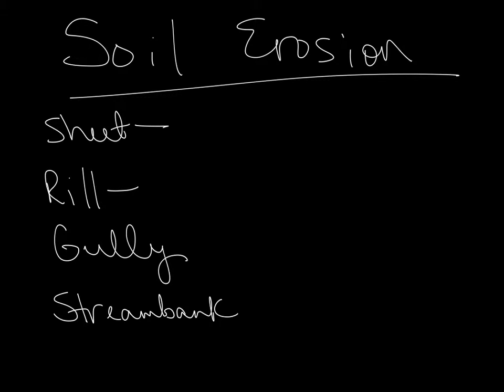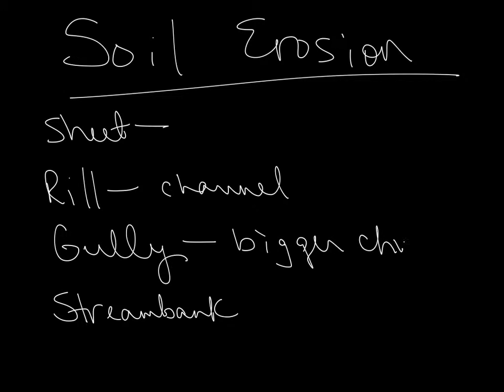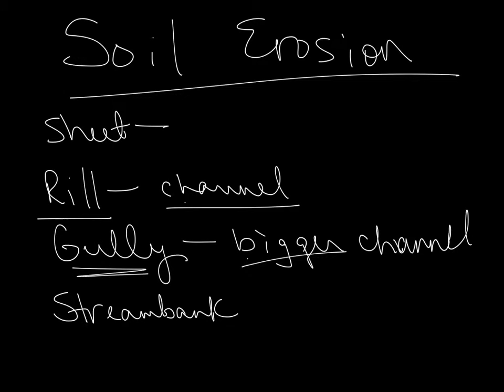Rill is where you make a small channel, and when the small channel gets bigger, then we call it a gully. I know you have seen these before, but these would be your channels, channel erosion. Rills would be little, gullies are big. Sheet would be large masses, large quantities, and large surface area going away.